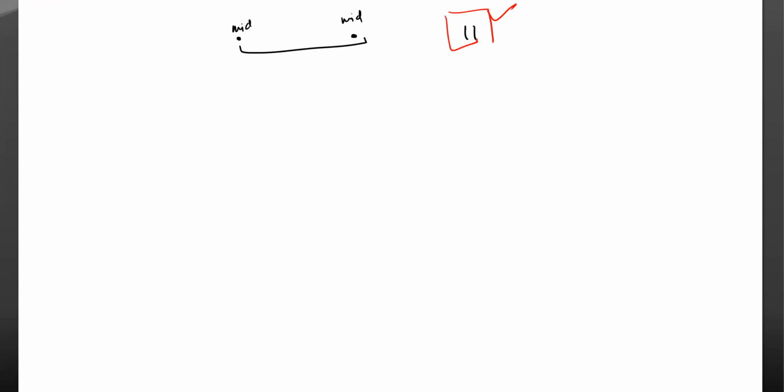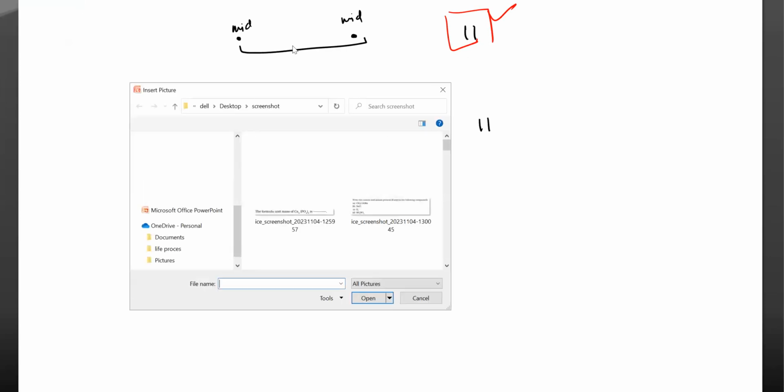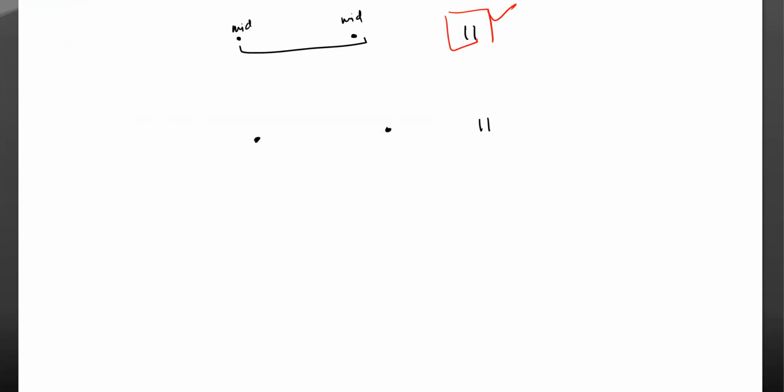And if a line is passing through the midpoint of the first side and parallel to the third side, then the result will be that it will be passing through the midpoint of the other.